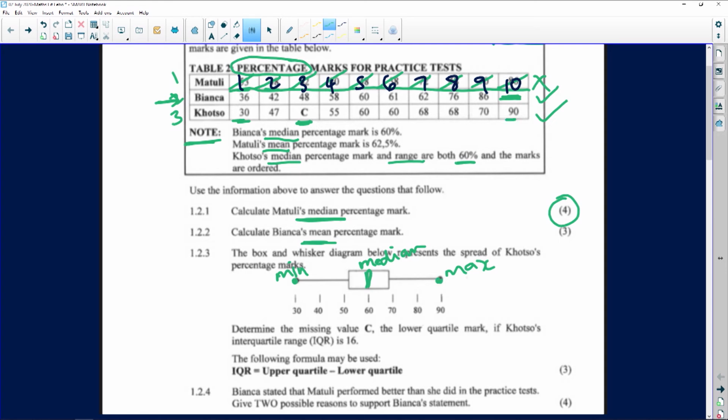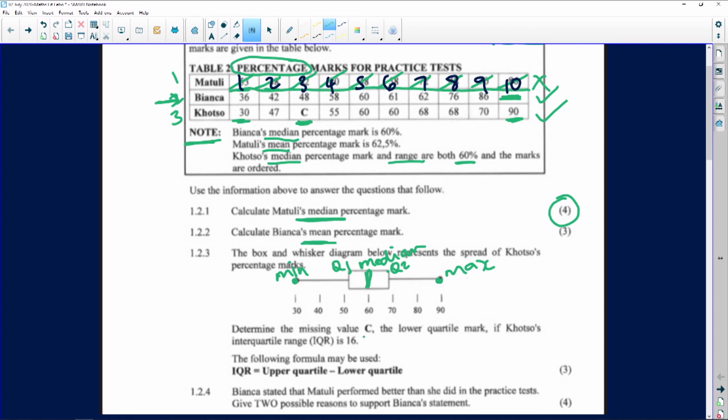That's Khotso's max. So that's what we've been given in terms of this box and whisker. Please, guys, it's very important. And then over here, we've got Q1, that's the beginning of the box, and then we've got Q3, which is the end of that box over there. Stunning. We will be using that a bit later, hopefully.